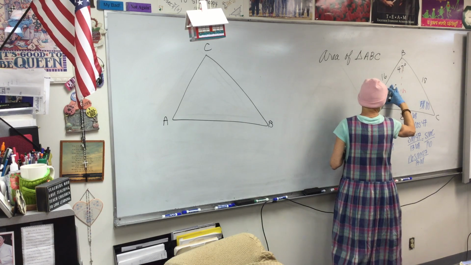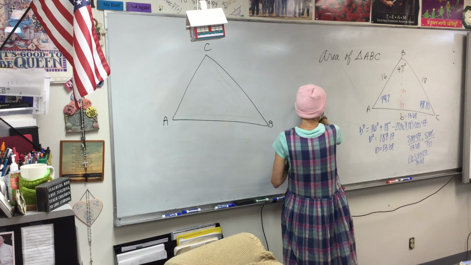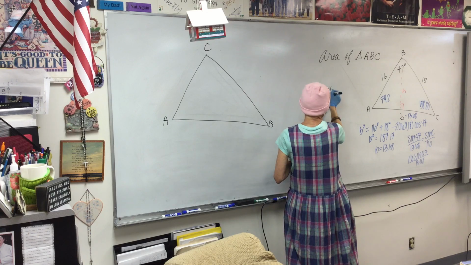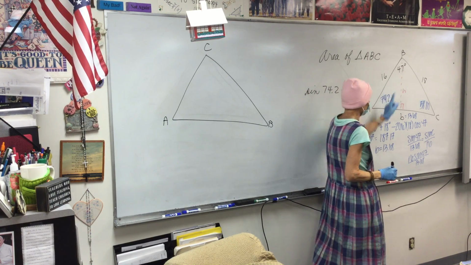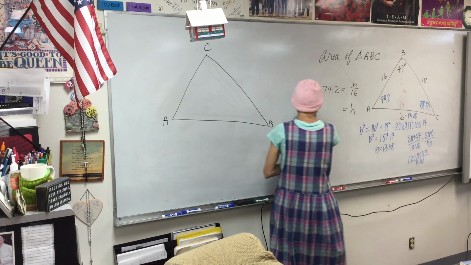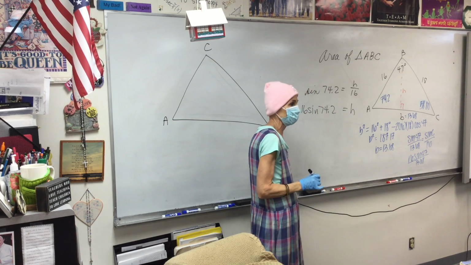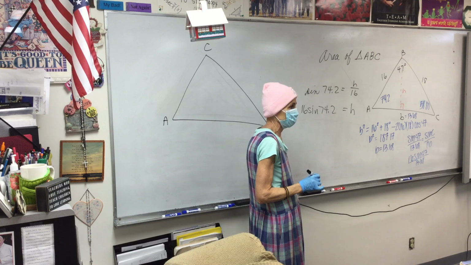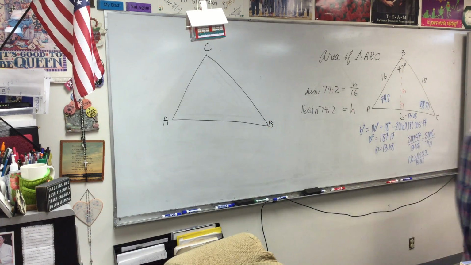What kind of triangle is this one right here? Right. So can I say that the sine of 74.2 is h over 16? So h would be 16 sine 74.2? All right, we can figure that out then, can't we?